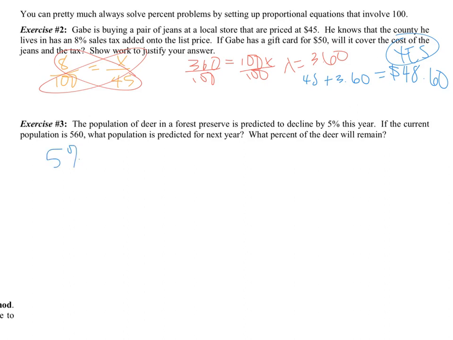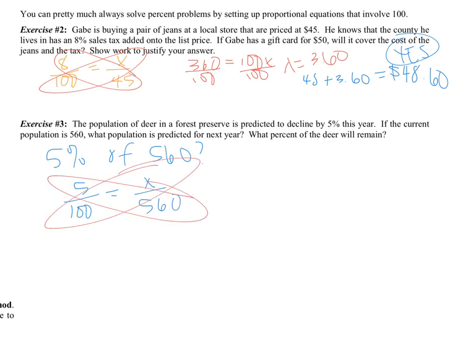So that's 5 out of 100 is what out of 560? And we're going to cross multiply. So we have 100x equals 2,800. Divide by 100 on each side, and x equals 28.